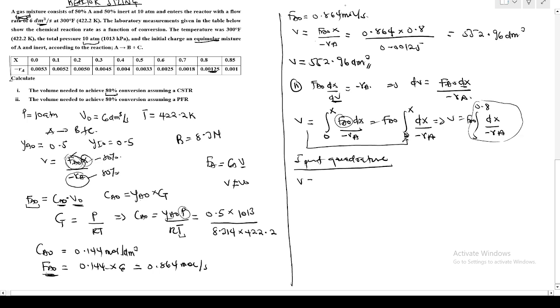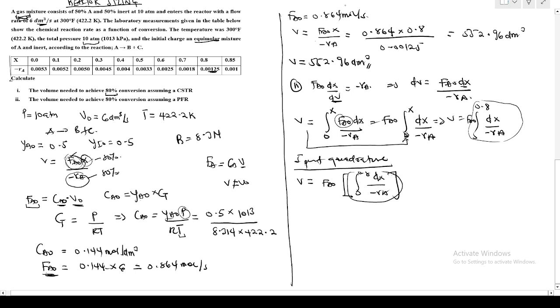So we can have our V to be Fa naught times the integral from 0 to 0.8 of dx over minus Ra. The whole of this is what we are going to evaluate using numerical integration, which is the 5-point quadrature.